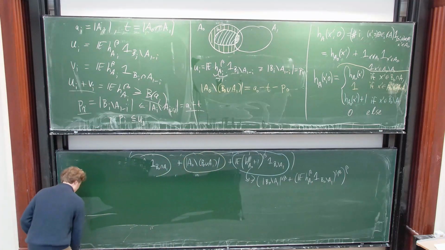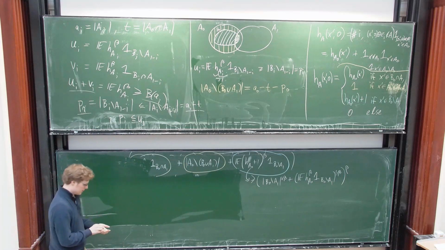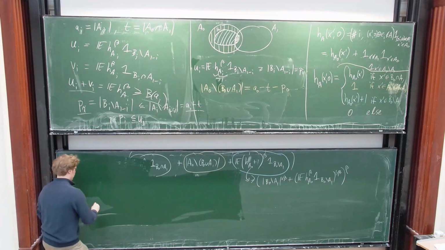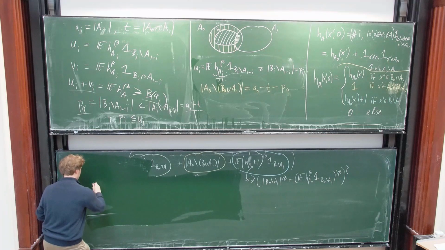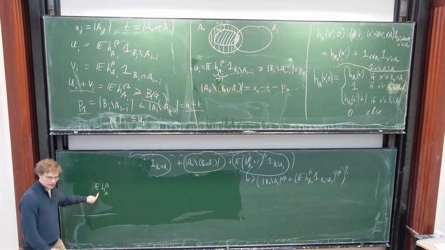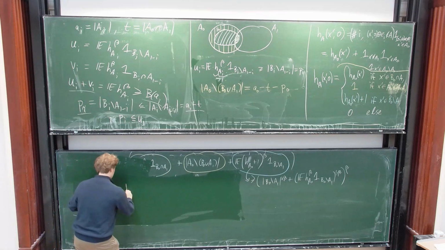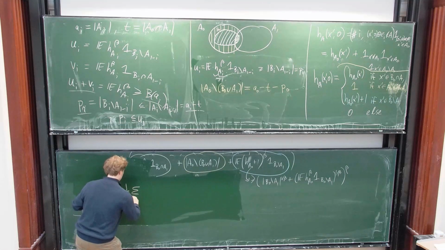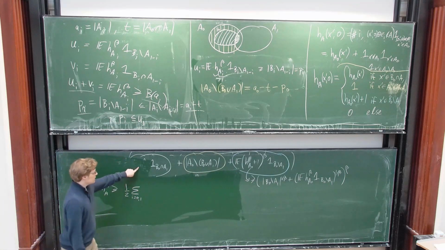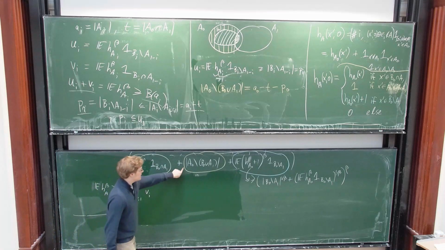Okay, now let me translate this into the language of real numbers. But let me translate the whole term, right? So now the whole term that we are interested in, so this E H_A to the beta, this whole thing, I'm claiming is lower bounded by something that's this, okay? 1/2 sum over the 2 bits, 0 and 1, just a sum over 2 elements of the first thing, we call this V, okay? This was Vi plus this thing.